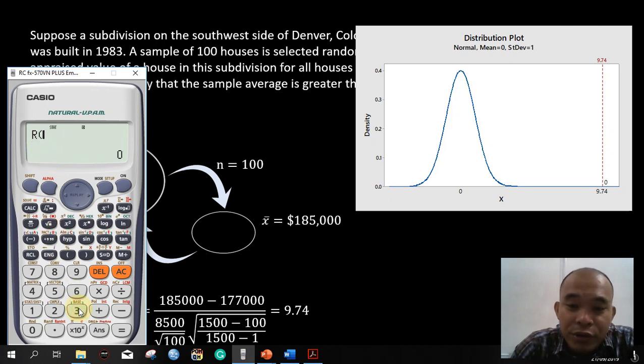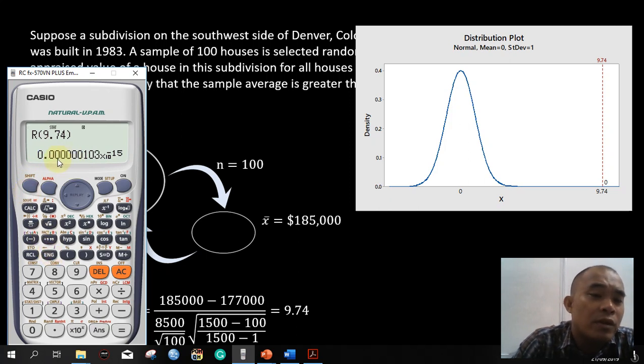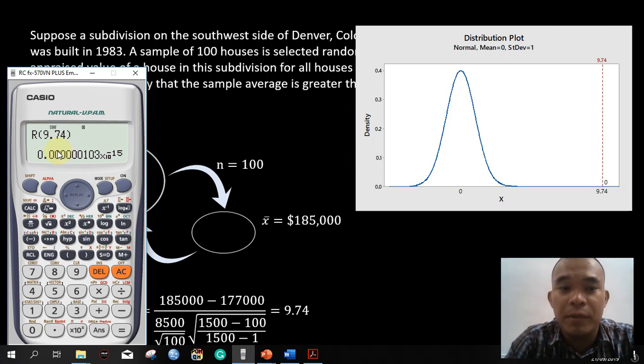So this is 9.74, and then just press equals. That is 1.00 times 10 raised to the power of negative 22. This is in scientific notation. If you want to convert that into decimal form, you can press shift, and you will see that the value is very, very, very small, approximately 0 probability. So as simple as that. The answer in this particular case is 0.